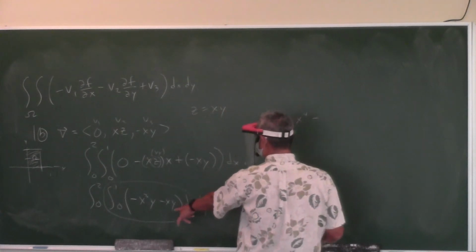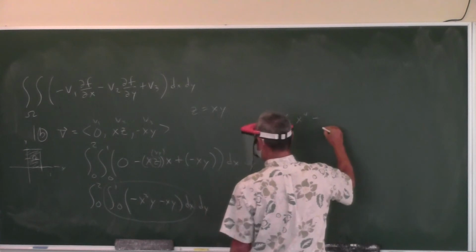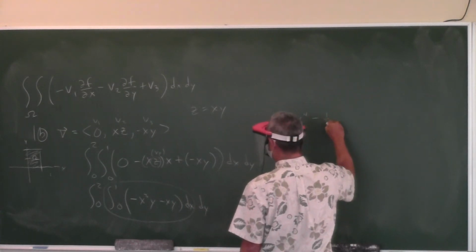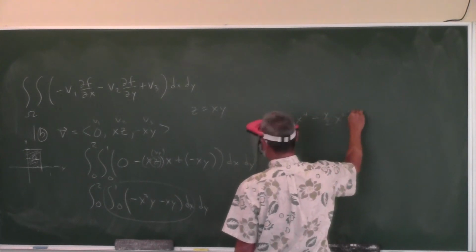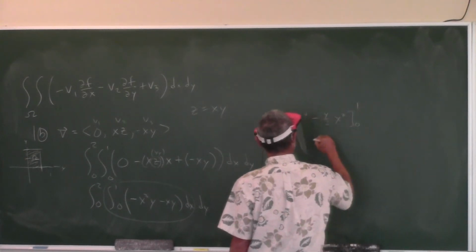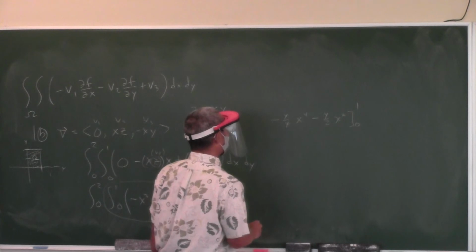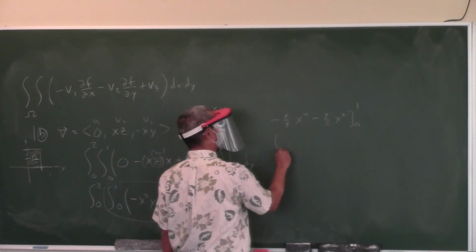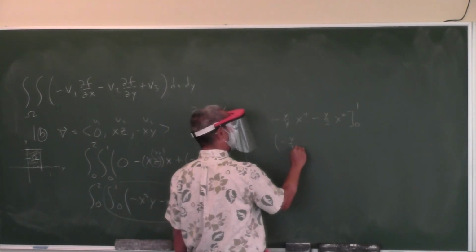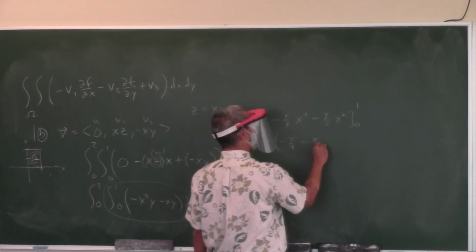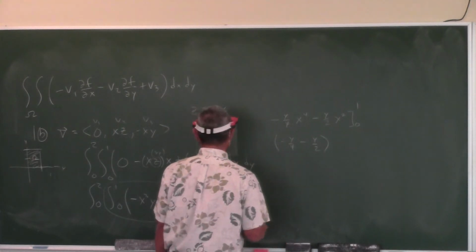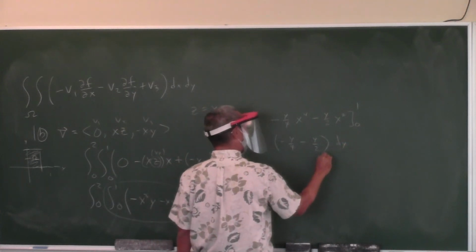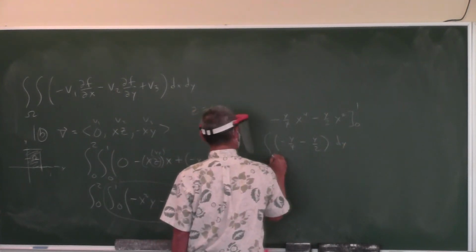And then the antiderivative of the other term with respect to x is 1/2 x squared y, and we're going from 0 to 1. Plug in the top value for x: negative y over 4 minus y over 2. And if you plug in 0, you get 0.